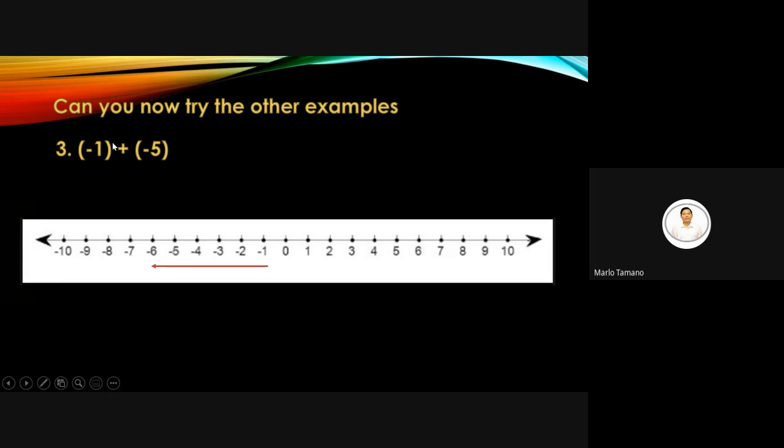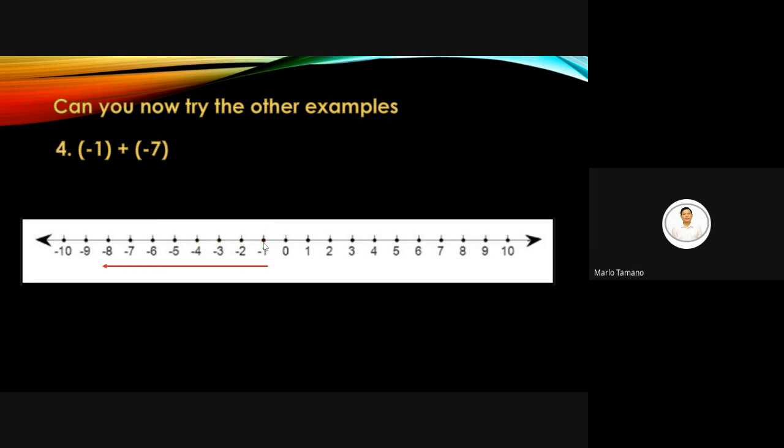Since the second addend is negative, you move 5 units to the left: 1, 2, 3, 4, 5. Where do we stop? At negative 6. So our answer is negative 6.